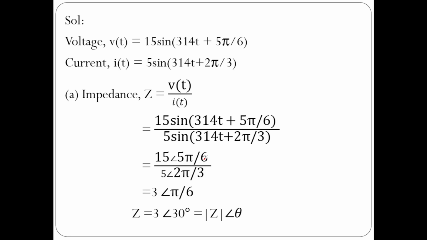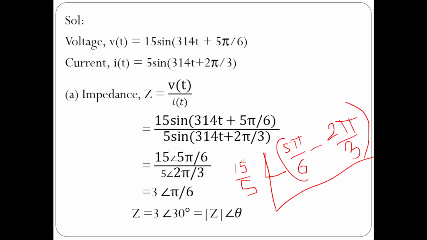Just solve it. 15 by 5 you will get 3, and 5 pi by 6 minus 2 pi by 3 you will get pi by 6. So Z is equal to 3 at an angle of pi by 6, which is nothing but 30 degrees. So the magnitude is 3 and the angle is 30 degrees.